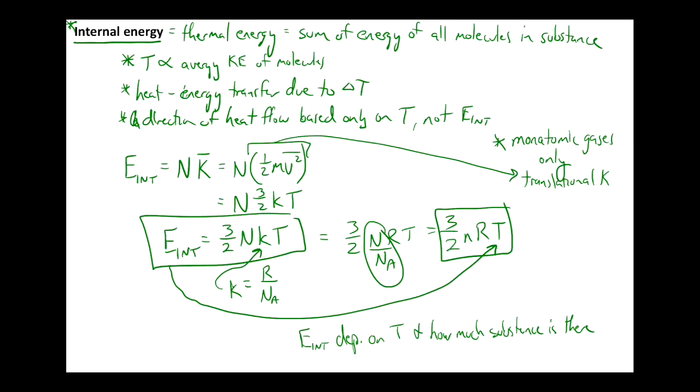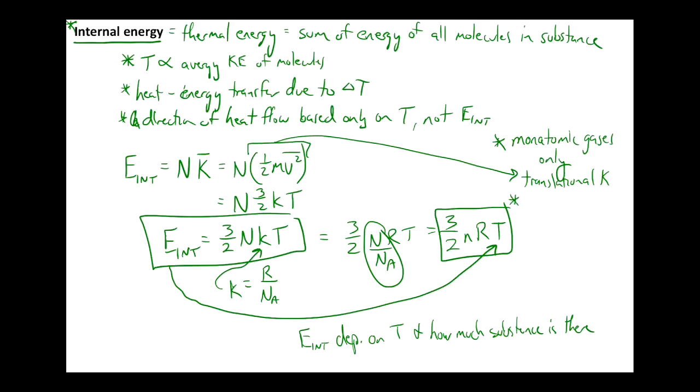As soon as I start to add additional atoms, so if we had a diatomic gas, well, now all of a sudden I've got two atoms that are bonded to each other. You can imagine that we can have additional types of kinetic energy. It might be possible for that molecule to rotate, so you could have rotational kinetic energy. It might be possible for them to move back and forth a little bit, which would give me vibrational kinetic energy. So as soon as I move up from monatomic gases, all of this gets more complex.